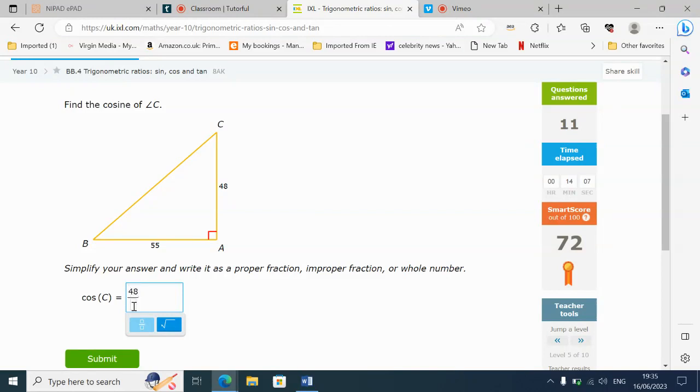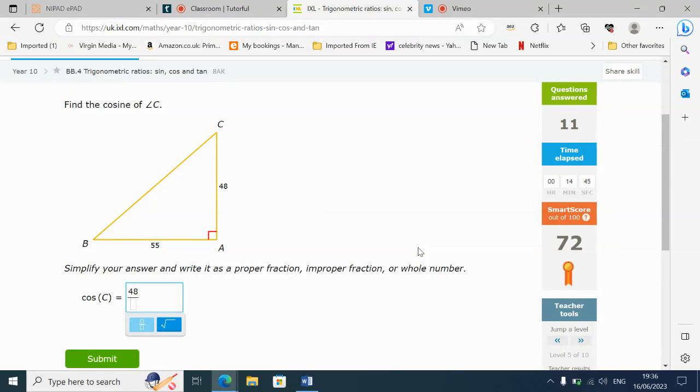And for the hypotenuse, we do a squared plus b squared equals c squared to get the length of BC. So a squared is the adjacent, which is 48 squared, and b squared is the opposite, which is 55 squared.